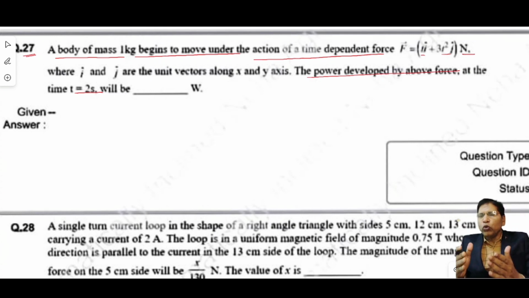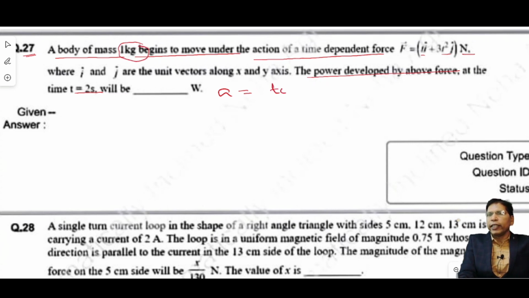First of all, we have to calculate the velocity at t equals 2 seconds. Here acceleration a equals force by mass. Mass equals 1 kg. So acceleration is equal to t i plus 3t square j cap. Now acceleration a equals dv by dt.